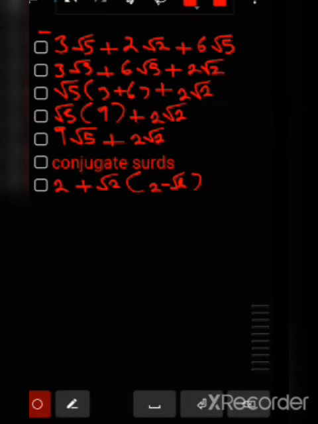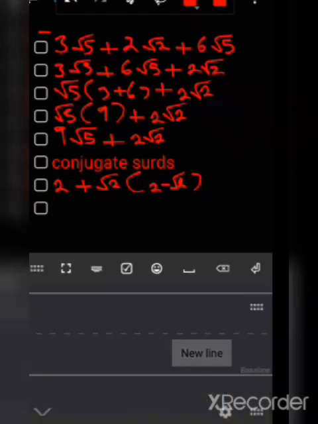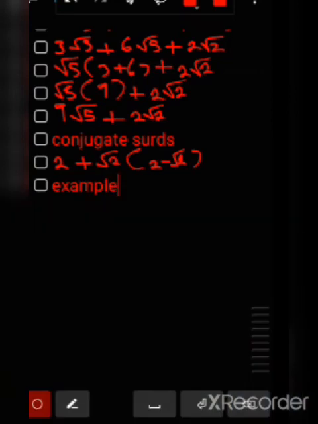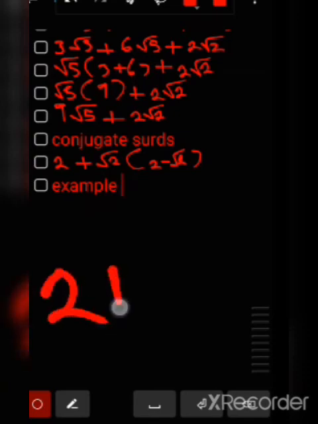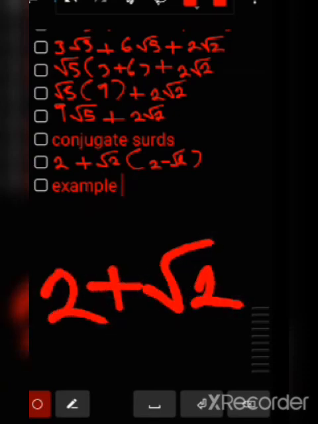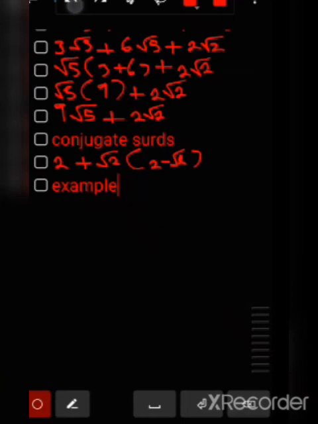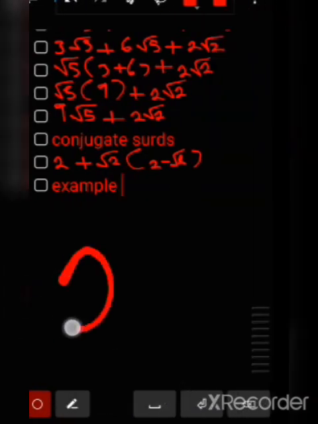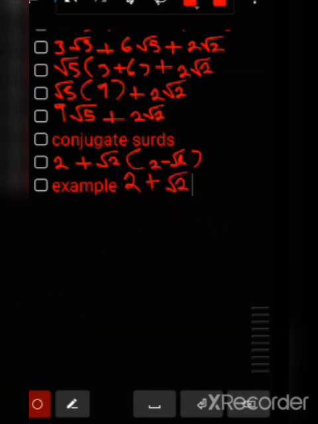So adding the conjugate, for example, let me write example so that you are not confused. Example. Add this: 2 plus root 2. That's the conjugate.